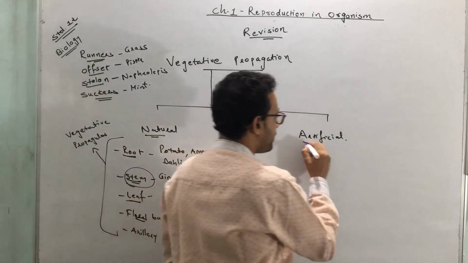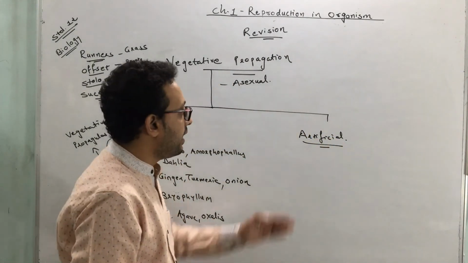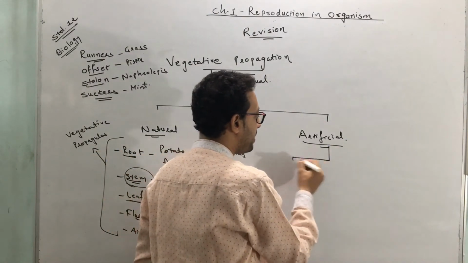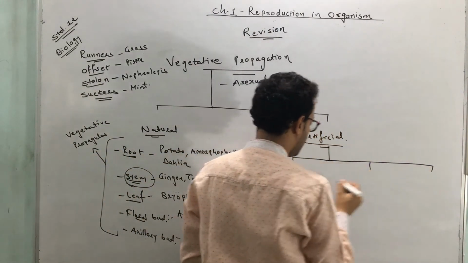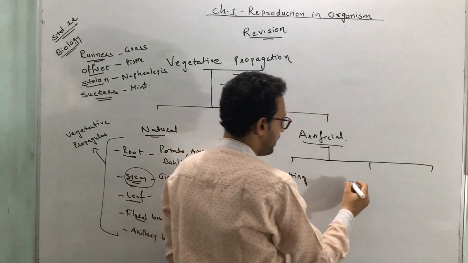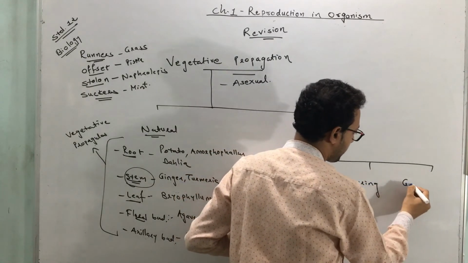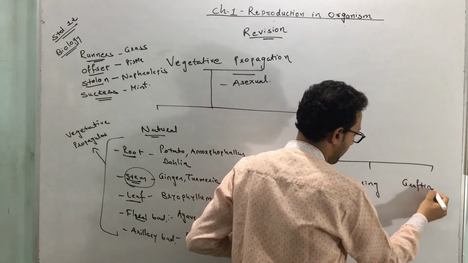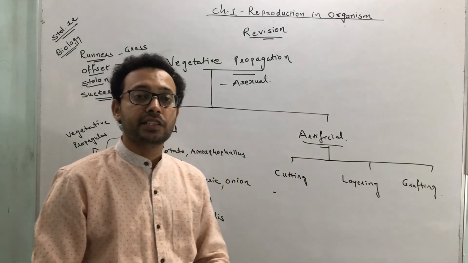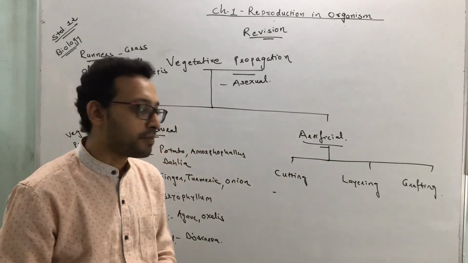Now the artificial method of vegetative propagation. In the artificial method, there are three man-made methods: cutting, layering, and grafting. In cutting, a cut part of a stem is utilized for the asexual mode of reproduction.